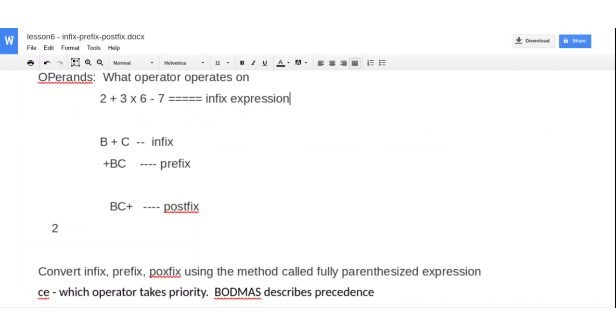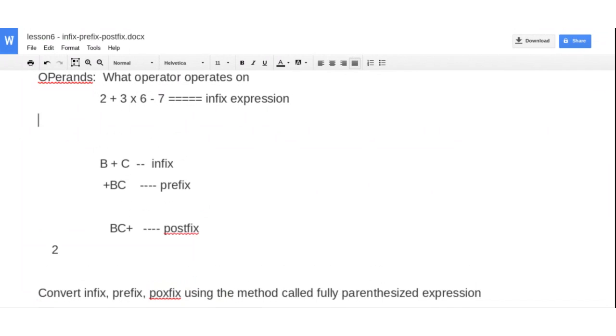Now, the brackets can change where we should start. Notice that there we started by doing 3 times 6. But if we put some brackets somewhere, suppose I introduce the brackets at the 6: brackets 6 minus 7 brackets.